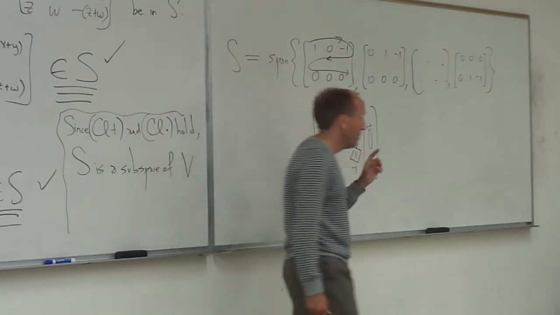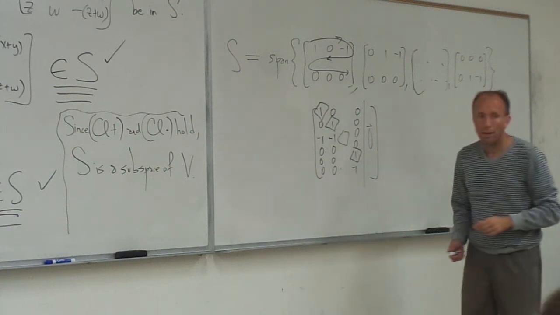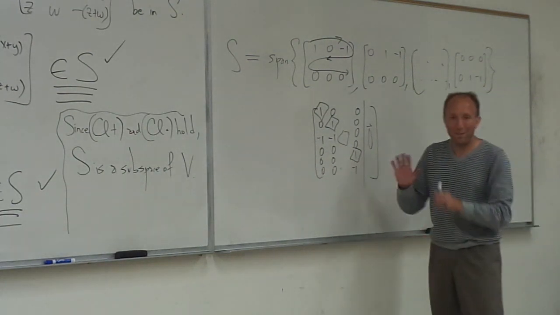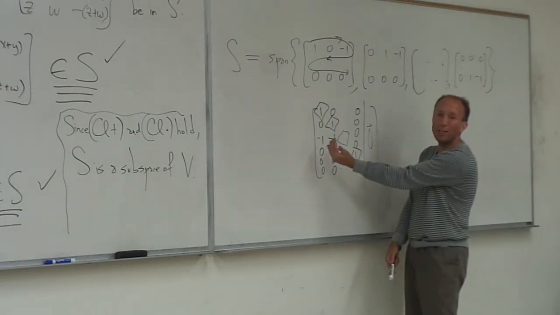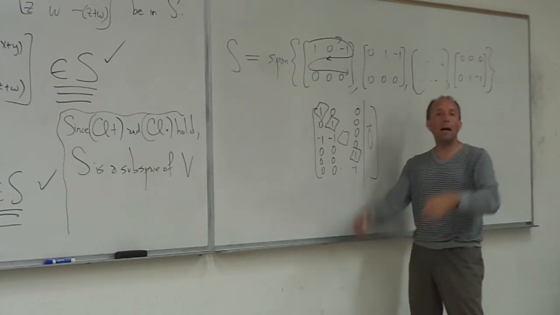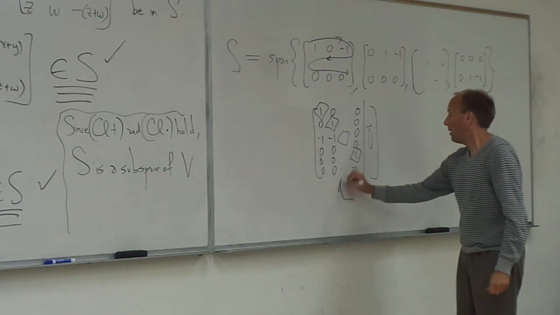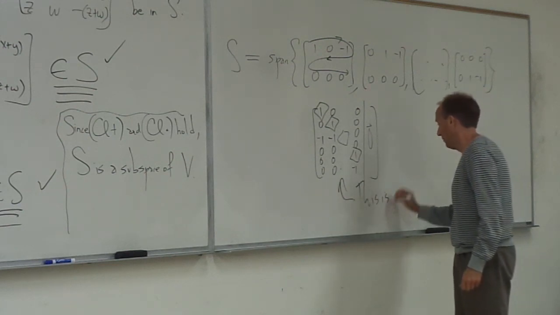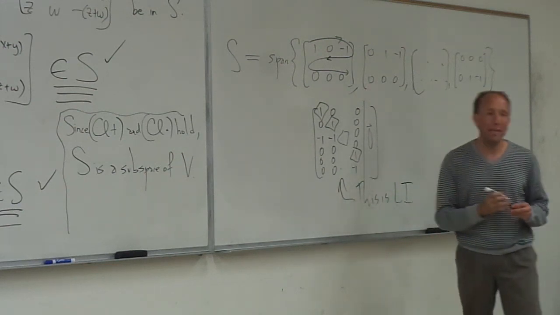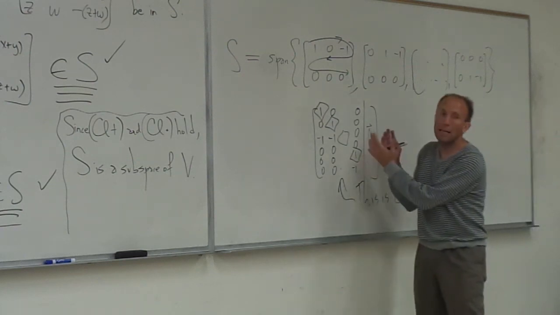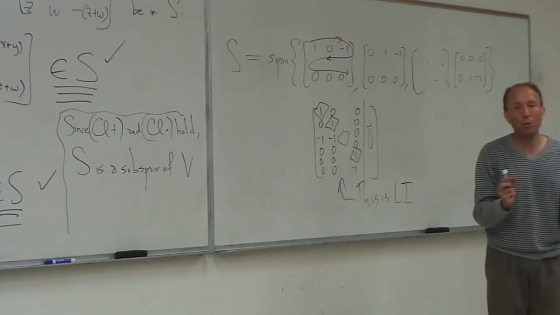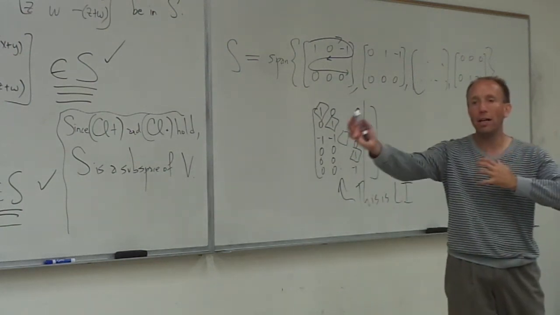By the way, I see people do this too. Another no-no. So you work this out like this. You get these pivots here. You say, linearly independent. So people will say something like, this is LI. And that's not what you mean. A matrix cannot be LI. We don't talk about a matrix being LI or LD.